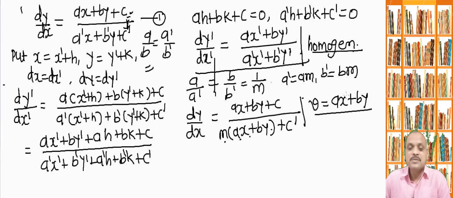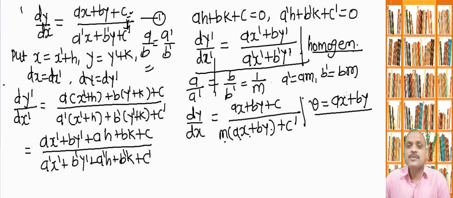Whenever we put v equal to ax plus by, the variables will be separated. So what is the method of solution to find the solution of a non-homogeneous equation? The equation is ax plus by plus c divided by a dash x plus b dash y plus c dash.